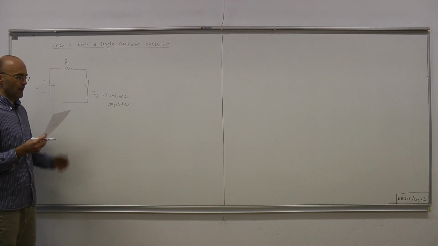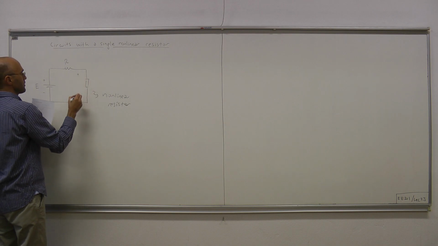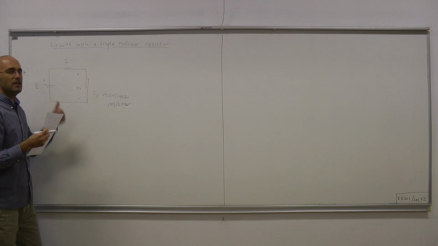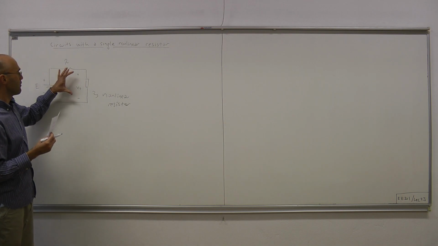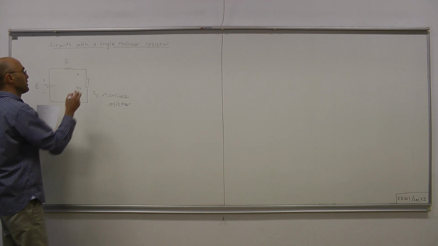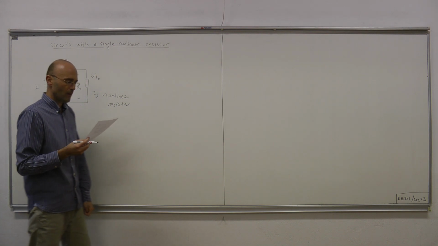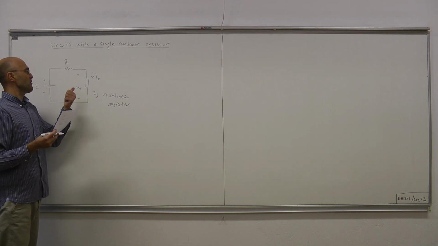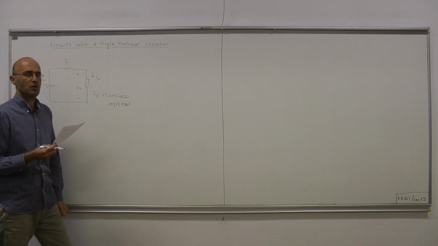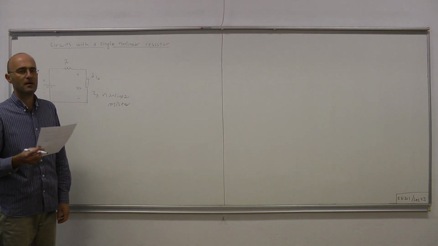When the circuit runs, there will be a voltage drop across our nonlinear component, and there will be a current passing through it. The aim is figuring out V0 and I0, the so-called operating point.